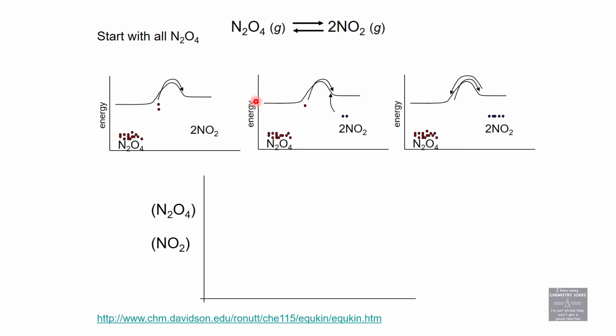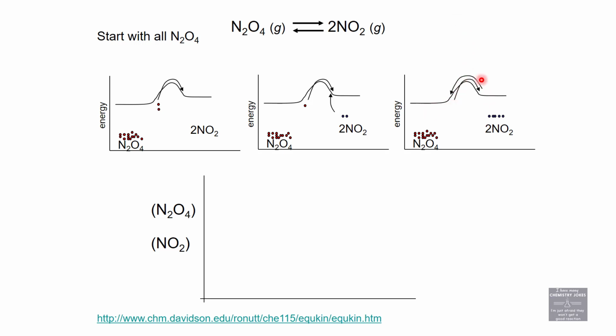Sure. So eventually you get this status where products are climbing backwards, reactants are climbing forwards, back and forth, but the rate at which the products are climbing backwards and the rate at which the reactants are climbing forward are equal.